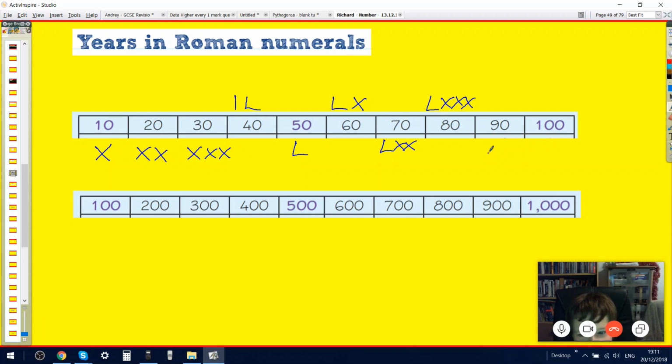And 100 is C. Okay, so 100 is C. 200 is 2 C's, I think. 300 is 3 C's. 4.